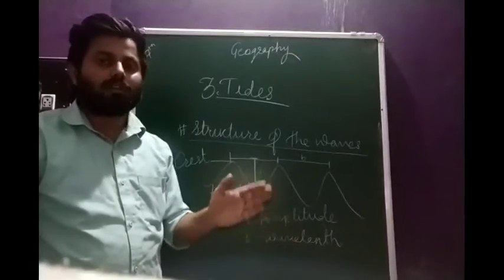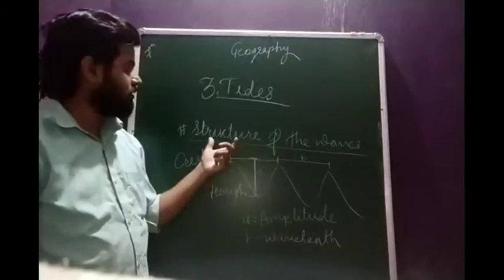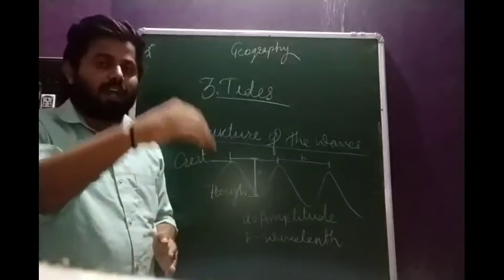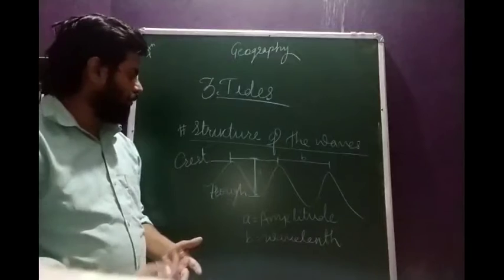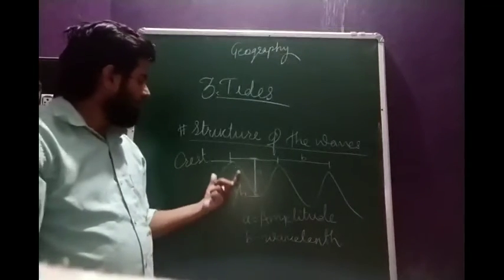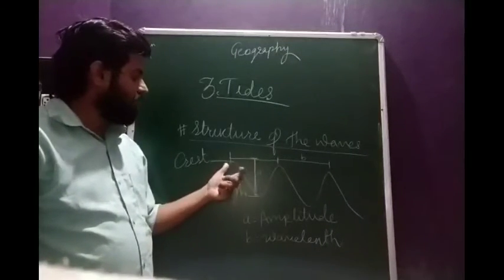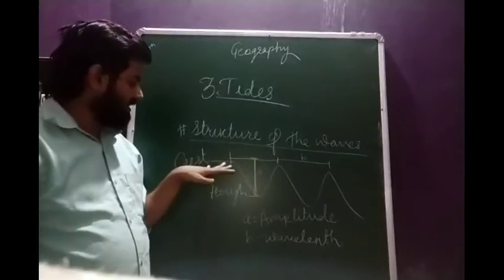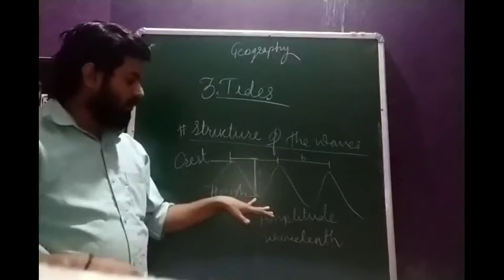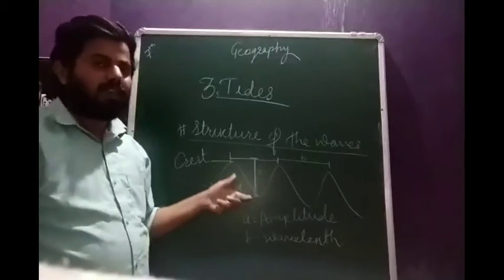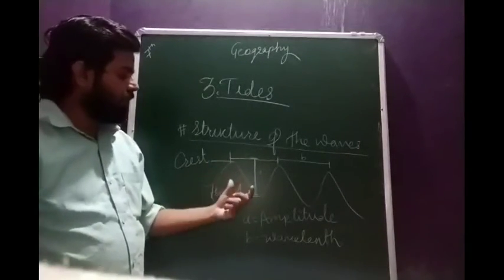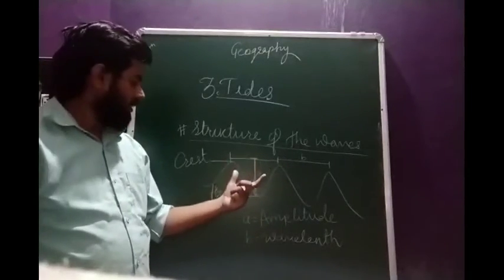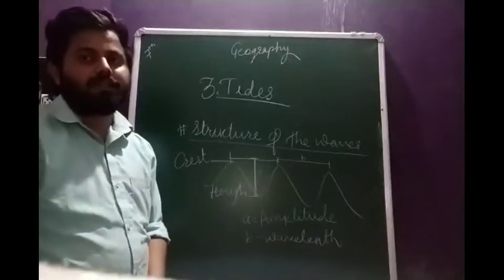So water moves upward and downward because of the wind. The upward part is the crest, the downward depressed region is the trough, the distance between crest and trough is the amplitude, and the distance between two consecutive crests is the wavelength.